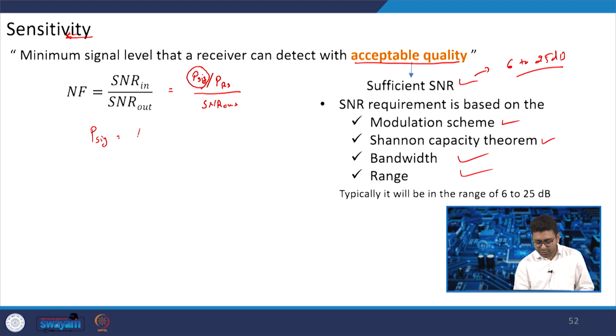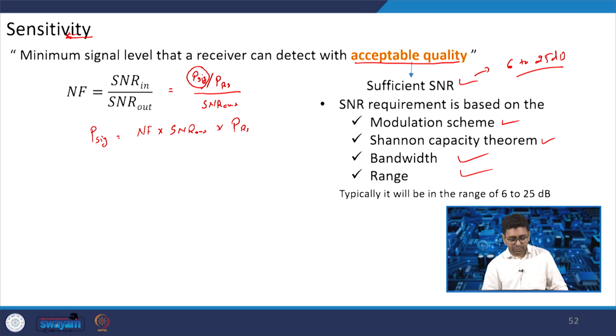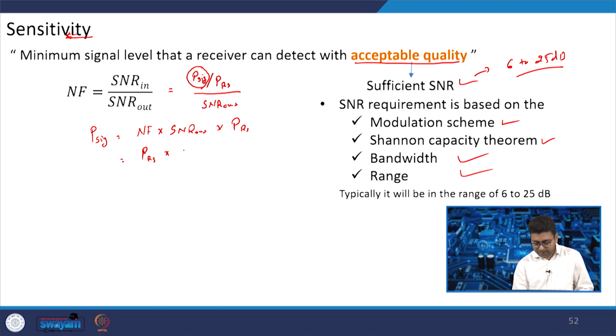So I can write down noise figure into SNR out into PRS. We can also write PRS into noise figure, and PRS we have already defined when we discussed the noise, and that is KTB.